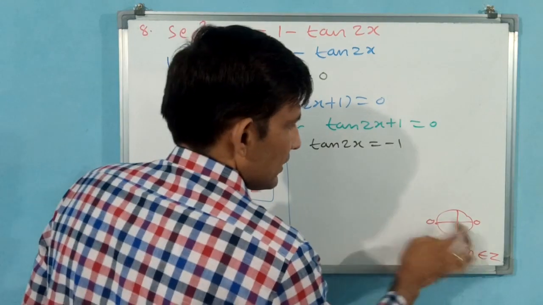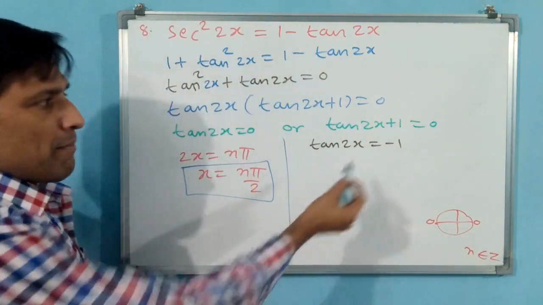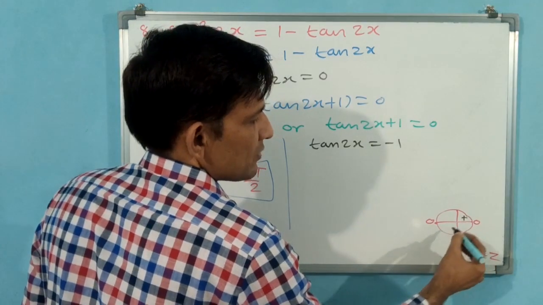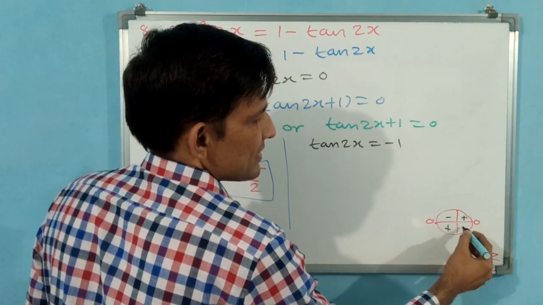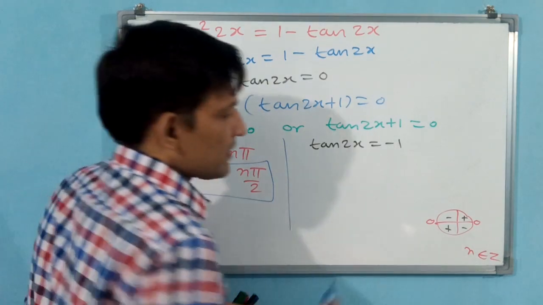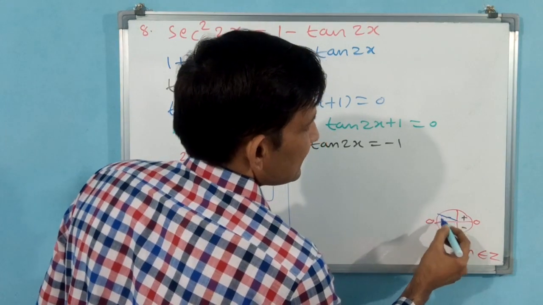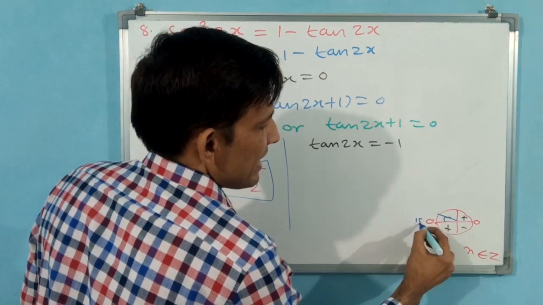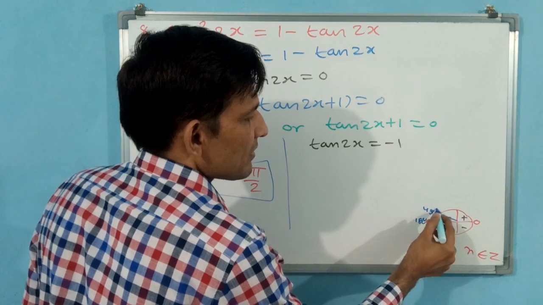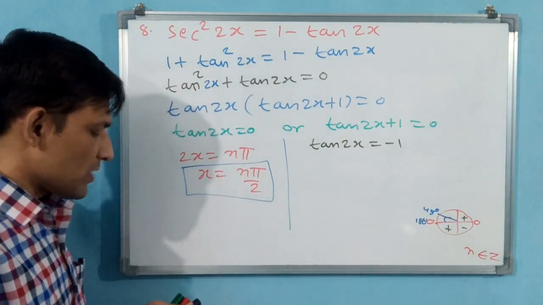Then minus 1, minus we have to take. You see here tan, here it is positive, here it is positive. There minus, here minus. First where it comes? First here it comes. 180 minus theta. How much is this theta? 45 degree. I told, no, 45 degree. Then how to write this?